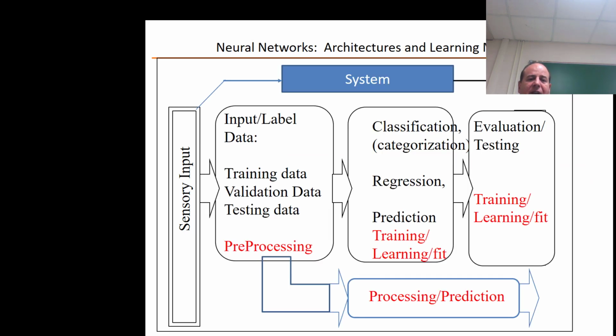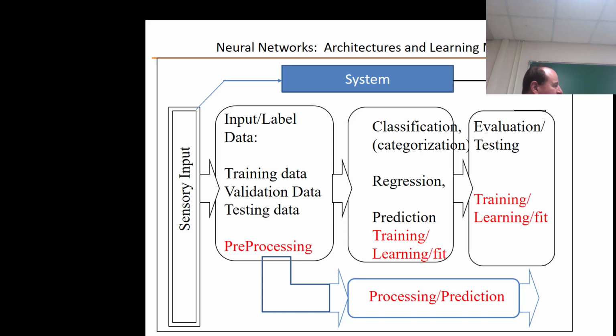So if you look at the details of how we're going to build this approximator system, we do it in stages. We take this sensory data and divide it into training data, validation data, and testing data. Sometimes on these data sets that we have, that's already been done. It's already been divided for you. Other people have done that. You have this data split into those 3 sets.